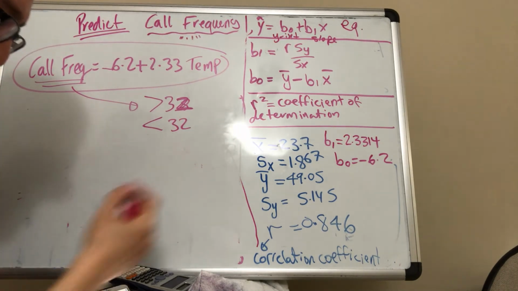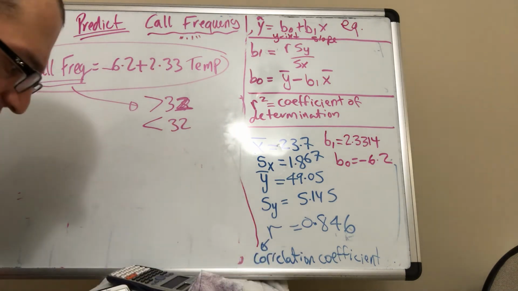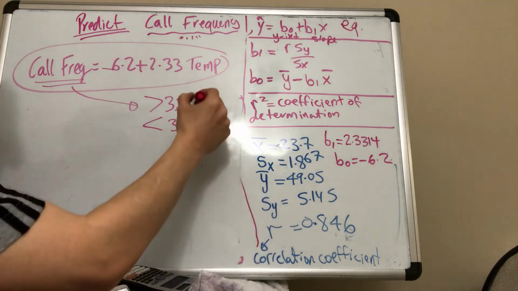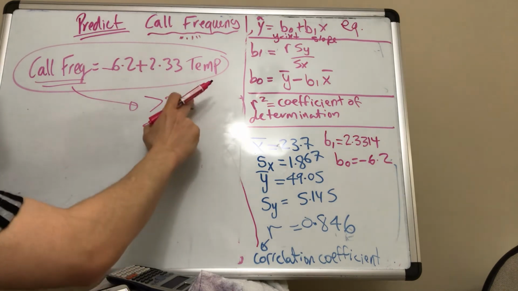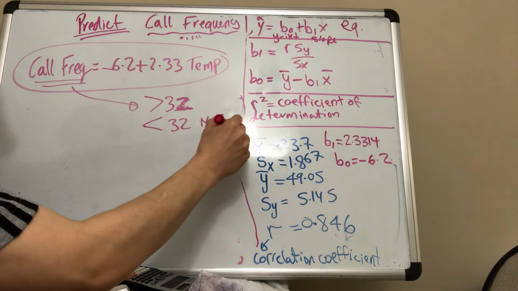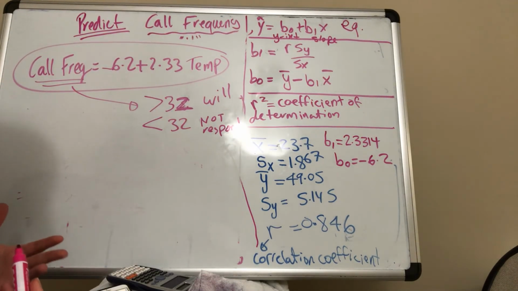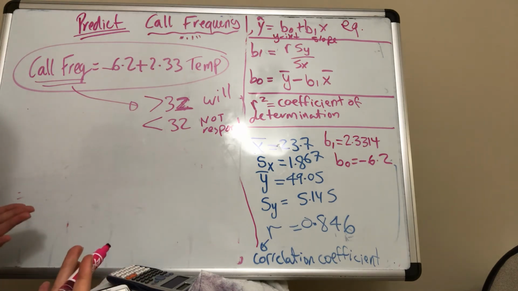If it's below 32, then that means that females do not respond. So we want it to be over 32 to see a response.